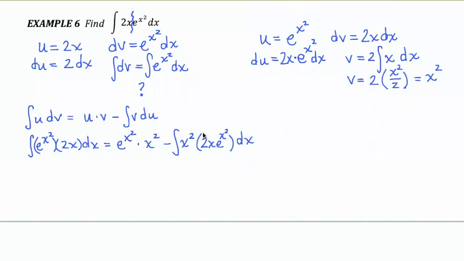Now, when I get to this step and I look at the new integral that this process has created, I get a little sad because it looks like a mess. Certainly, we can multiply the x squared times the 2x and try and clean it up a little bit. So as I did my cleanup, I pulled my constant out, but still, what I'm staring at here is not better. I still have a product going on, so this is making me unhappy. So what then?